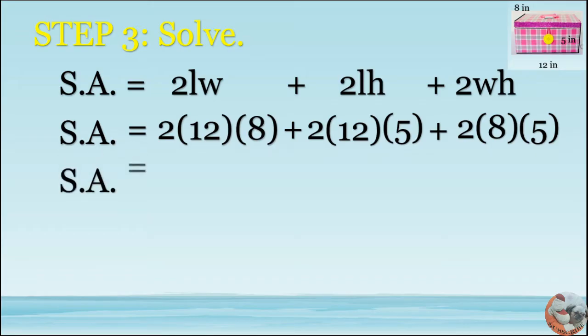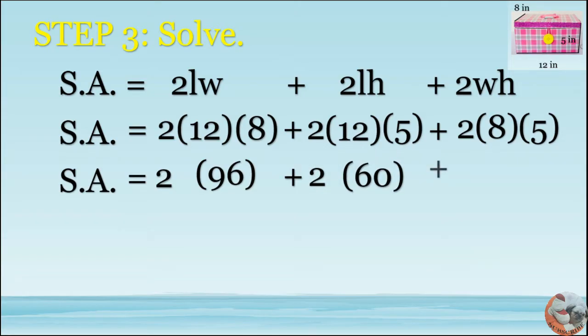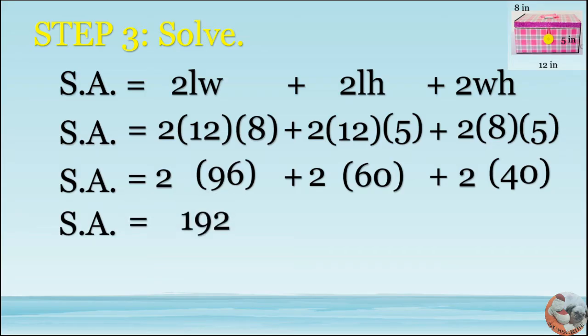So the SA is equal to 2 times 12 times 8 is equal to 96, plus 12 times 5 is equal to 60, plus 8 times 5 is equal to 40. Surface area is equal to 2 times 96, 192, plus 2 times 60, 120, plus 2 times 40, 80.